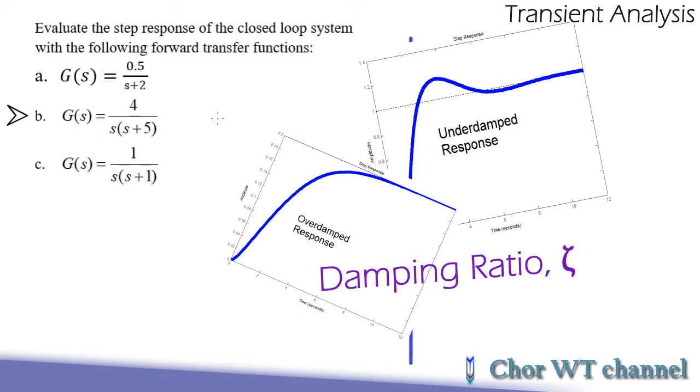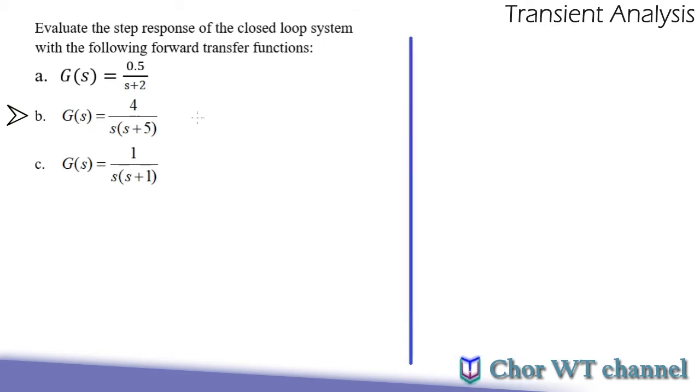So to get the zeta value and also the omega value, we have to cast this Gs into Ts by using Ts equals G over 1 plus GH. And finally, we cast the Ts into our standard second order form. So first, we find out what our Ts is, which equals Gs over 1 plus GHs.